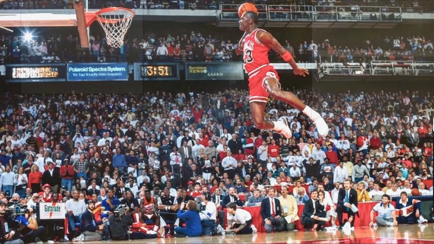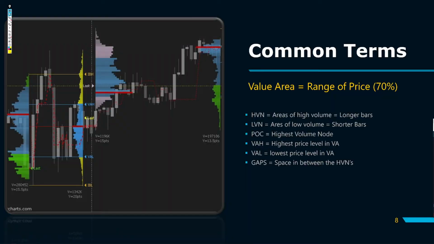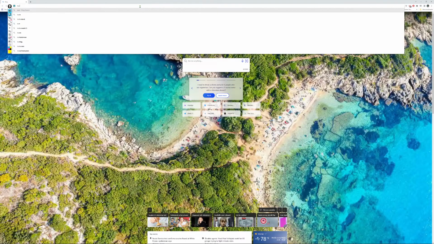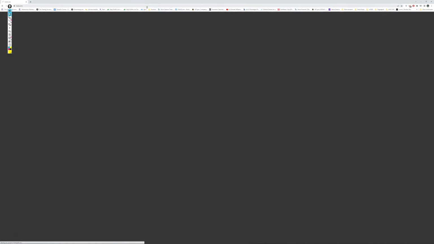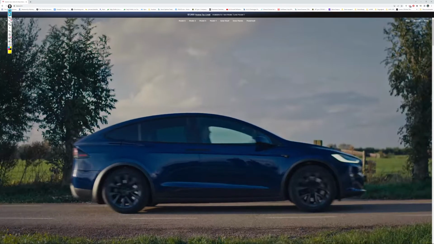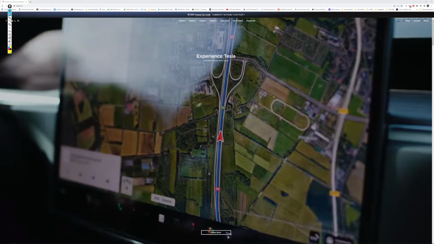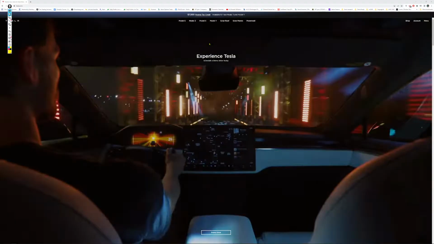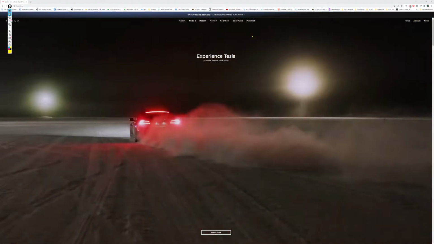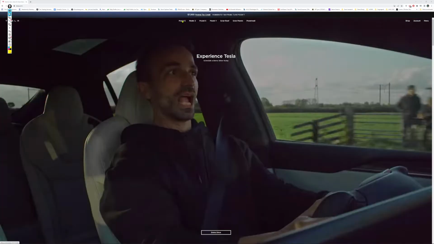And so what I want to do here is let's just go check out, what did I say? Did I say Model X or Model S or Model 3? I don't even remember what I said.